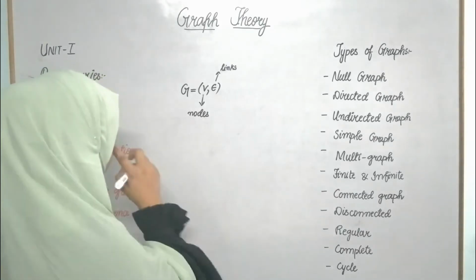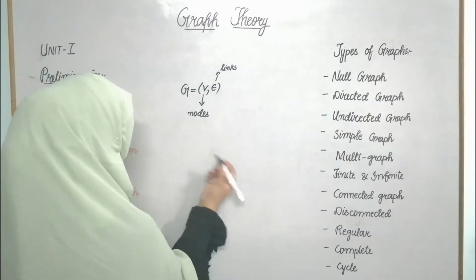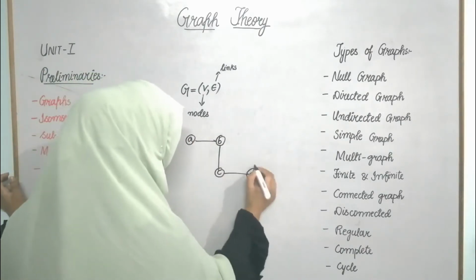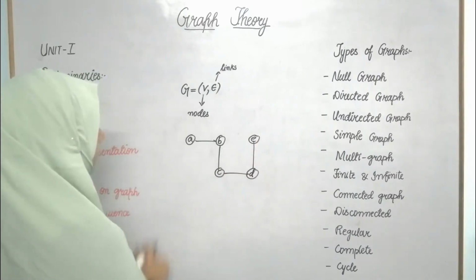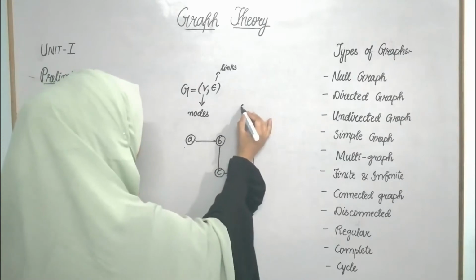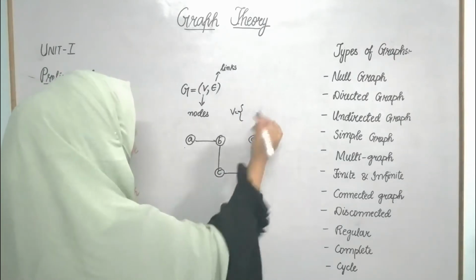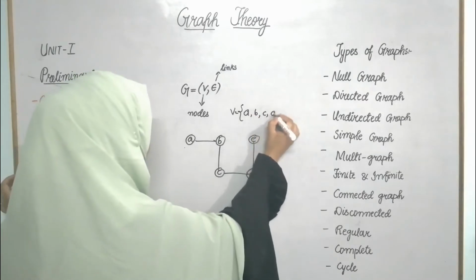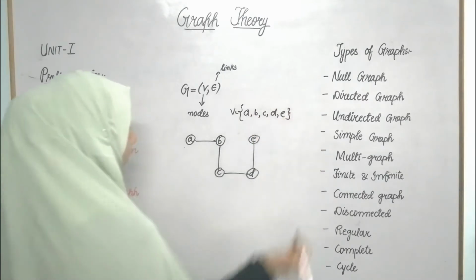Let's see one example graph. Suppose this is a graph with A, B, C, D and E. These are the vertices. So if they ask you for the set of vertices, you need to write A, B, C, D and E. What are the edges?